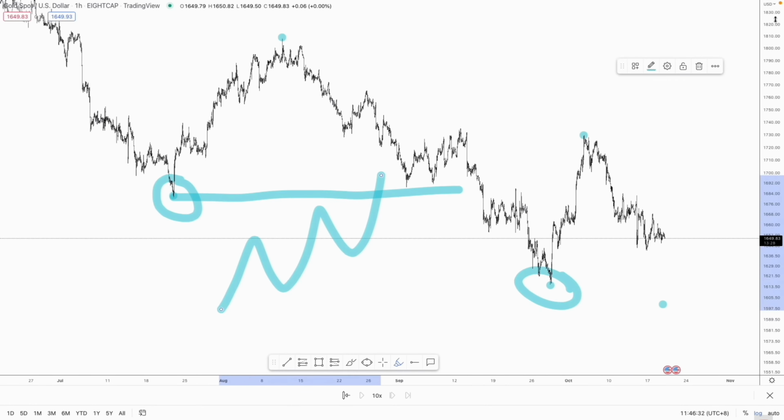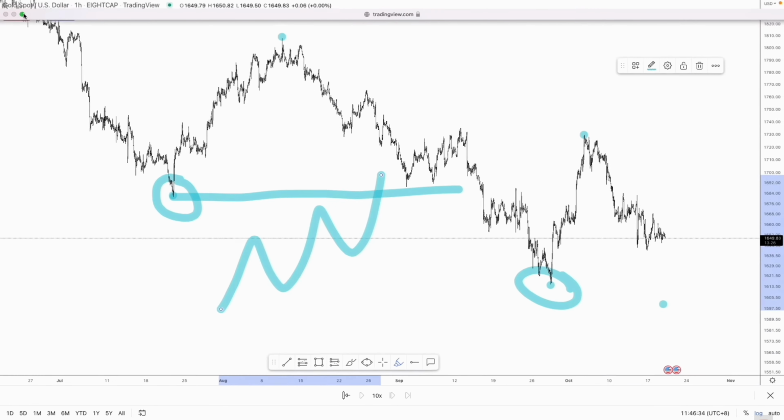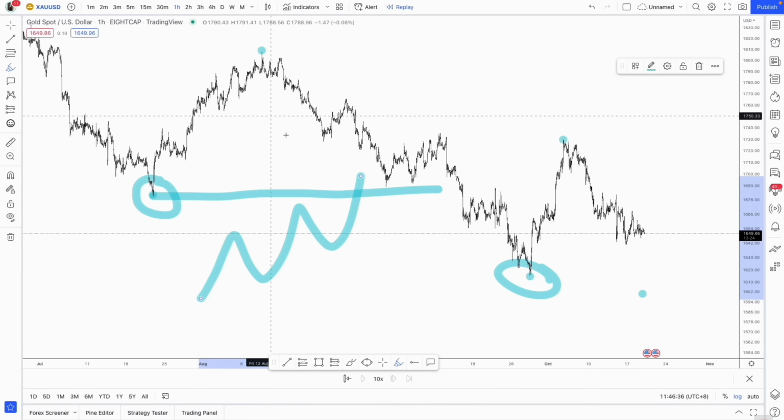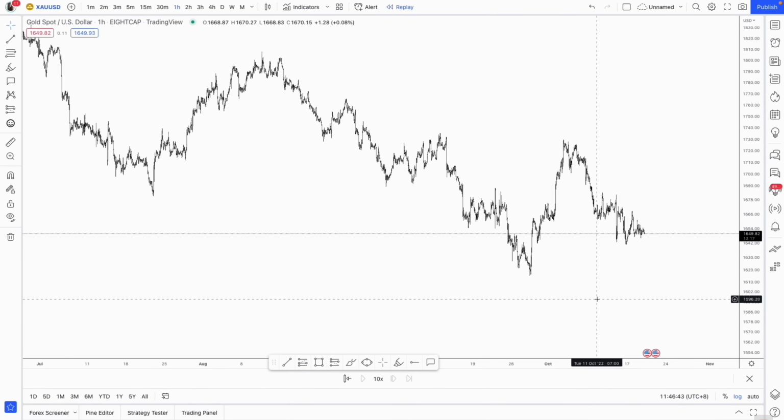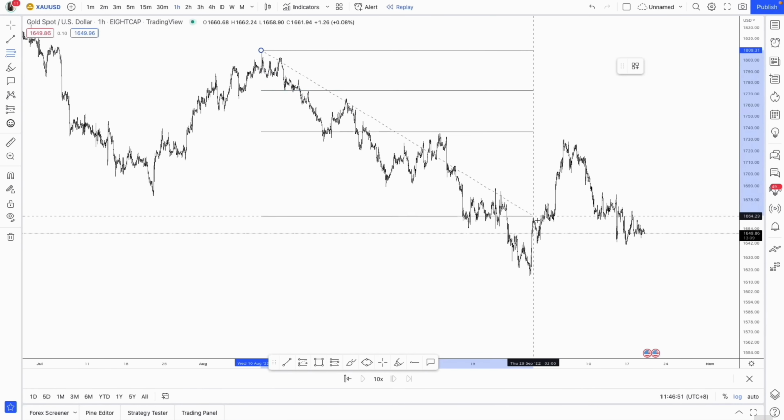But in this scenario, you can clearly see that it is bearish. So we are looking for shorts. We know that the banks and financial institutions are looking to take the price of gold lower. Okay, great. That's a very important component that we needed to know.